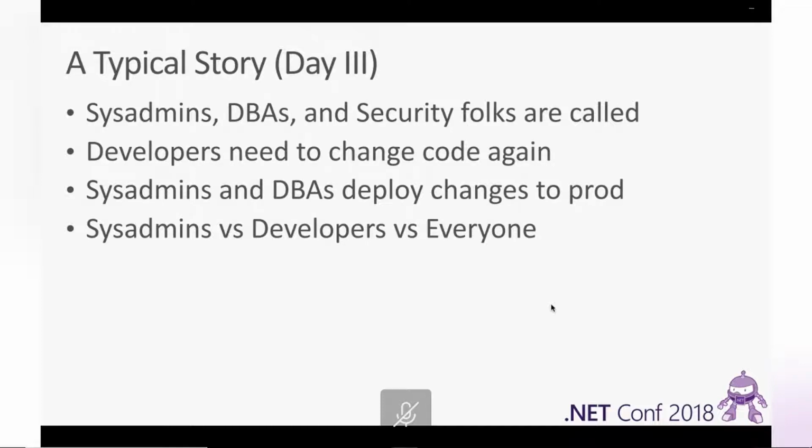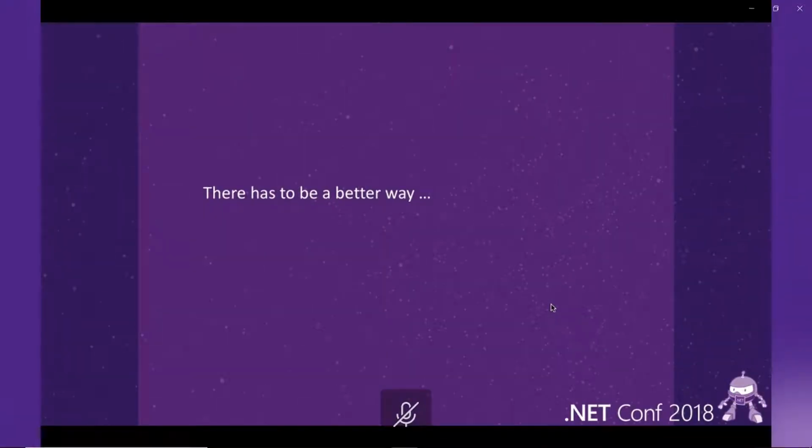Why? Because sysadmins are trying to have a stable environment. Developers are trying to push the changes as soon as possible because they are being pressured by management and so on. So you will have a lot of problems when there are silos and you don't have good communication between the teams. So there has to be a better way, right?